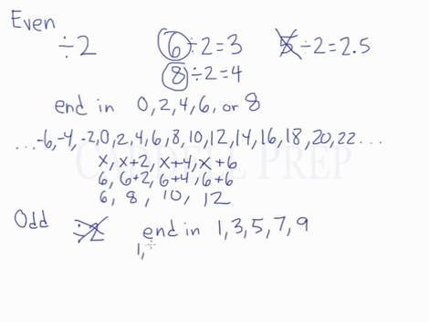So we could have 1, 3, 5, 7, 9, 11, 13, 15, and so on. And odds also include negatives, so negative 1, negative 3, negative 5, and so on.